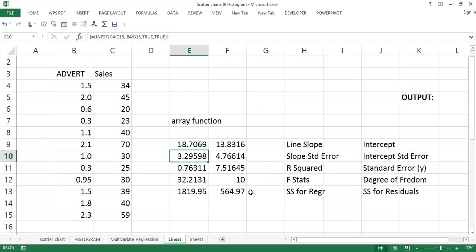When we move on to hypothesis testing, we'll talk about these details, standard error and all that. This one is R squared. Remember our R squared was 76%. This is the standard error of Y. This is the F statistic. This is the degrees of freedom. This is the sum of squares of regression and sum of squares of residuals.